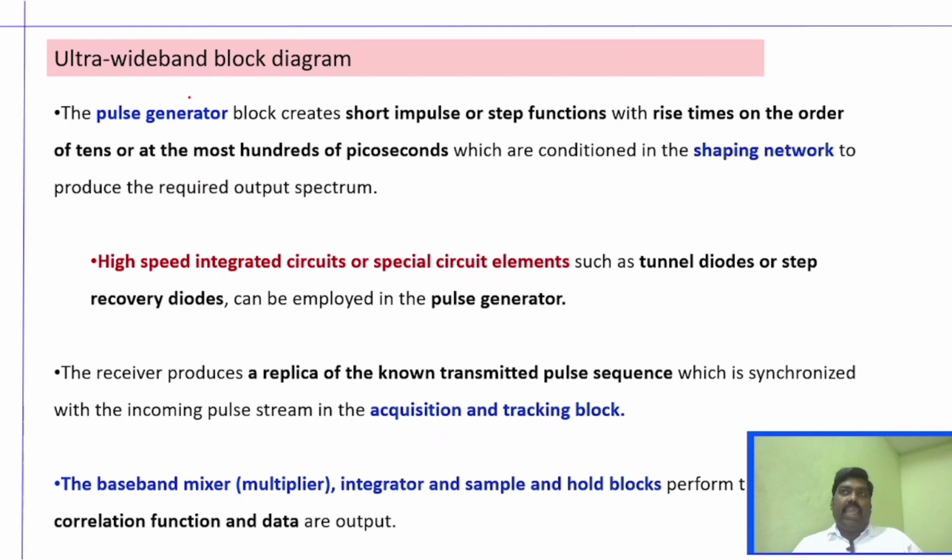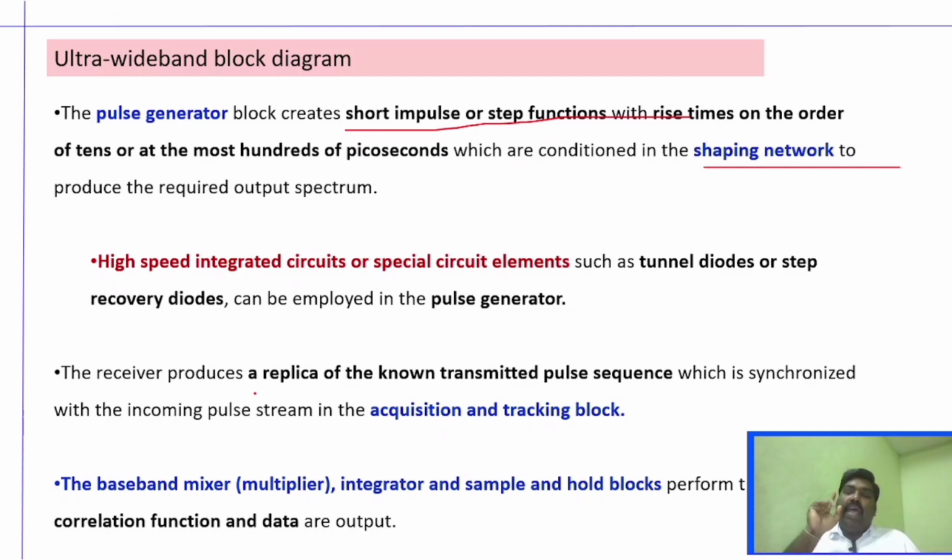And whatever I said regarding the pulse generator, you can see a short impulse is generated and sent to the shaping network, right? It produces the required output spectrum, and if needed, we can also integrate a lot of special circuit elements like tunnel diodes, recovery diodes, pulse generator, right? And on the receiving side, it will create a replica of the transmitted pulses using the same pulse generator.